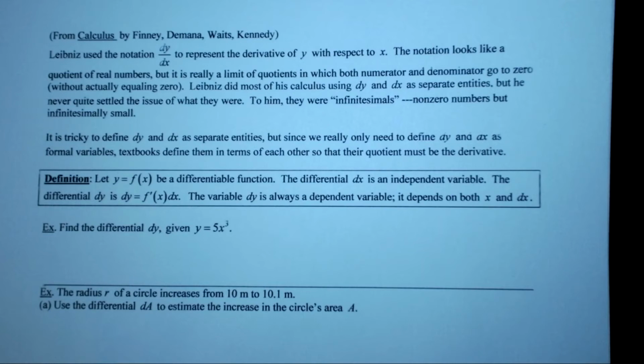It says let y equal f of x be a differentiable function. The differential dx is an independent variable. The differential dy is dy equals f prime of x times dx. The variable dy is always a dependent variable. It depends on both x and dx.